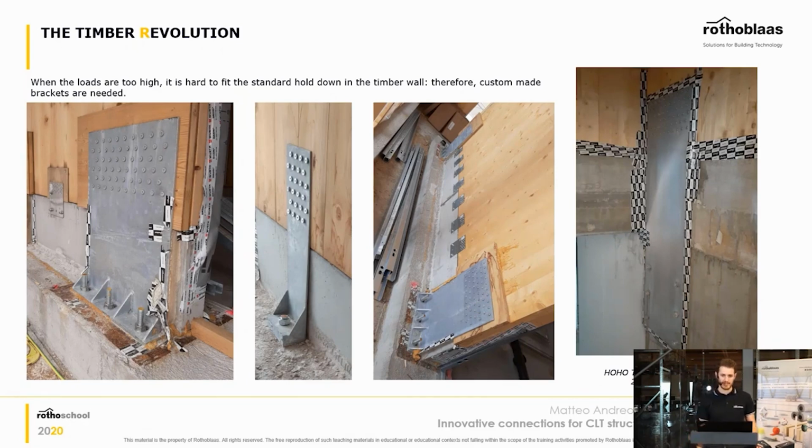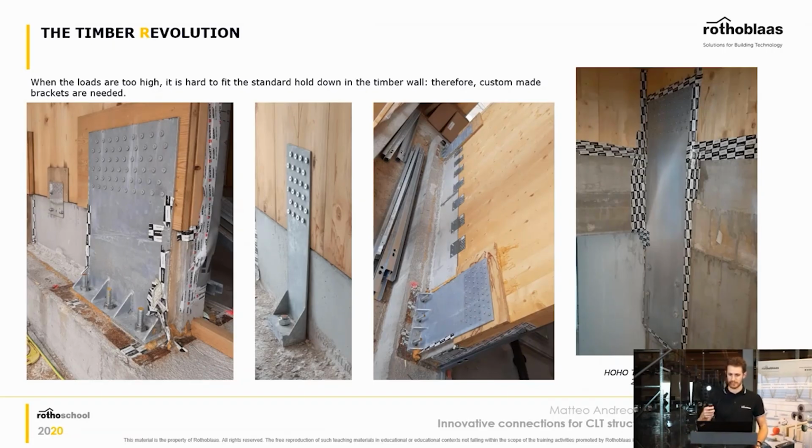In the pictures here, you can see some of the connectors that were used in the tallest CLT structure in Italy, which is in Rovereto, and it has nine stories. As you can see, it wasn't possible to use standard connections for this one in particular.